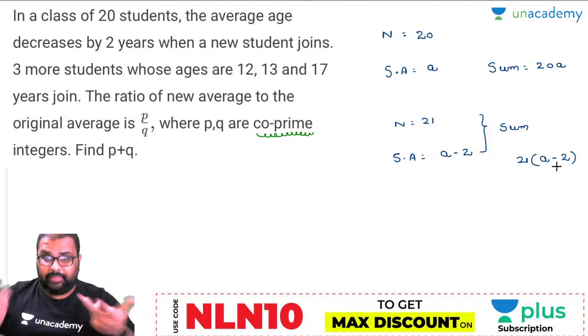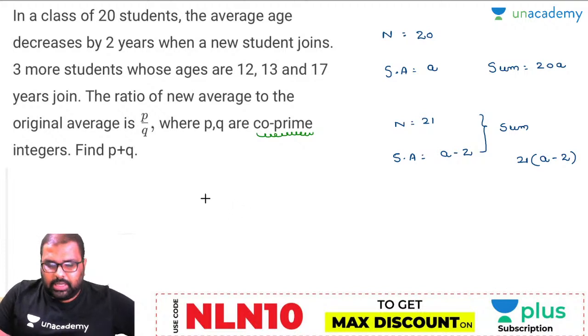Now what happened again? 3 more students whose ages are 12, 13, 17 have joined. Already you know for these 21 students, the sum is 21A minus 42. Am I right or wrong? This is the sum.